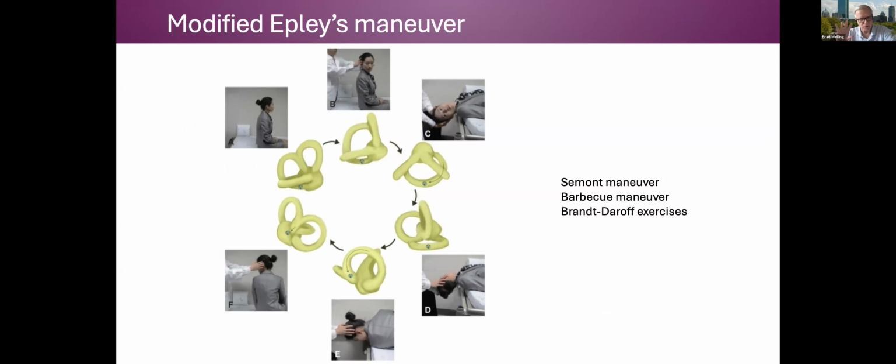But if it's true classic BPPV, due to canal lithiasis, where the otoconia are floating freely in the canal, then as you do the 360-degree rotation with the Epley maneuver, the direction of the rotatory nystagmus should continue in the same direction that it was when you started the maneuver.